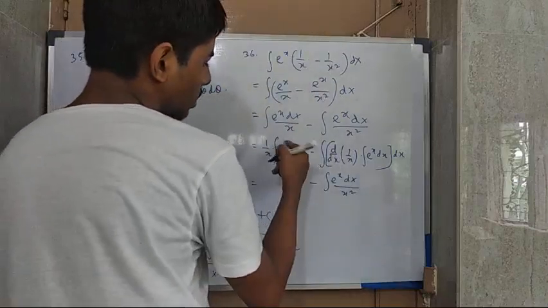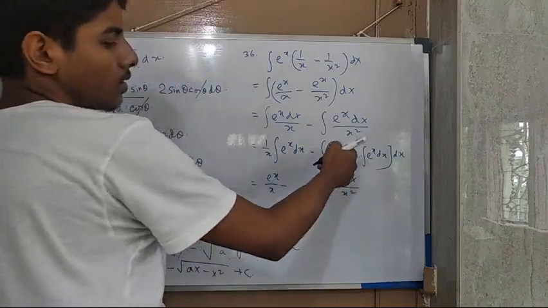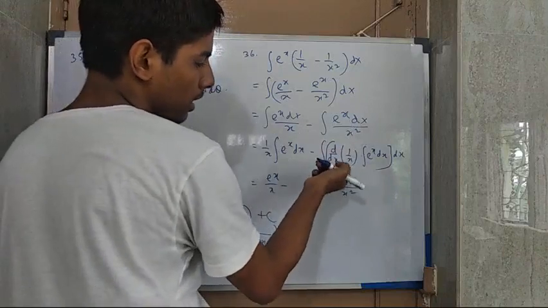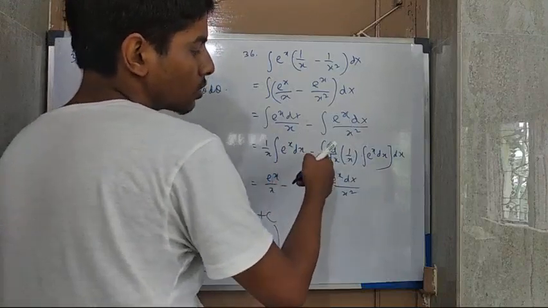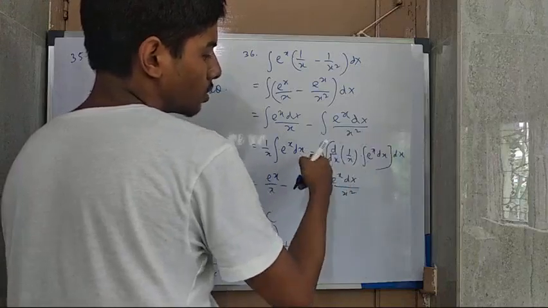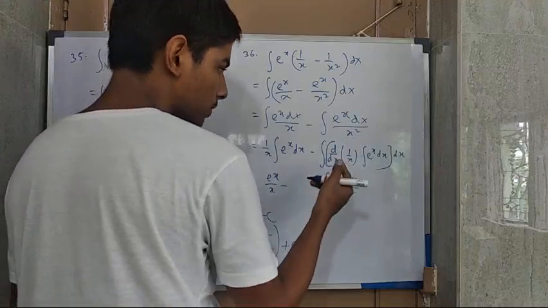So this is actually e to the power x by x only, minus this will become minus 1 by x squared, and that minus will come out, so this will become plus. So this is plus integral of e to the power x dx by x squared.